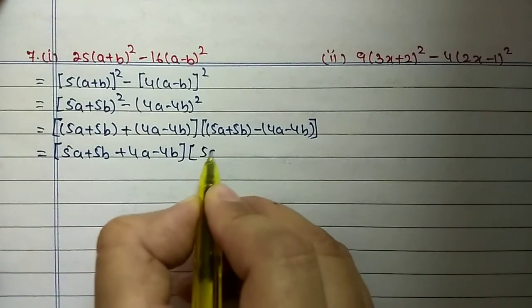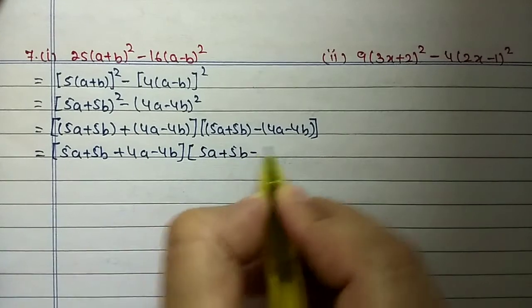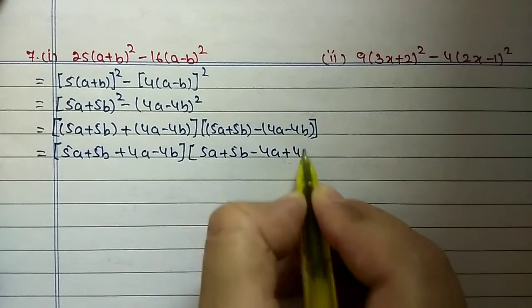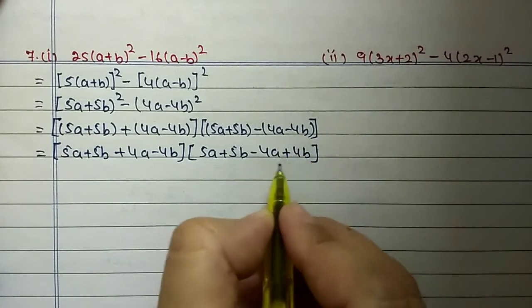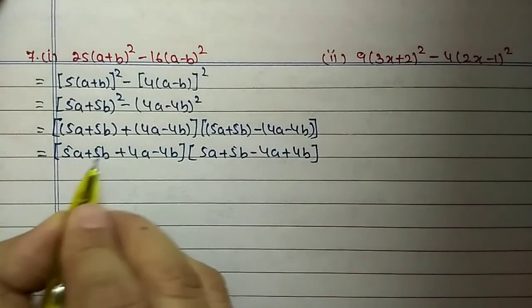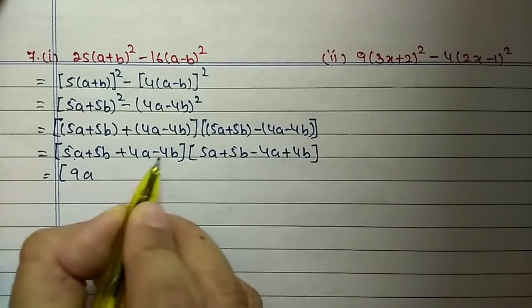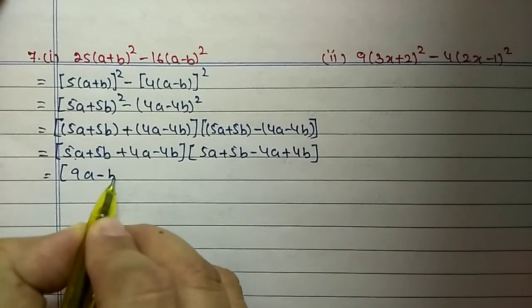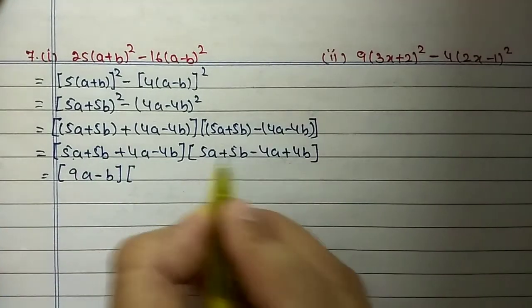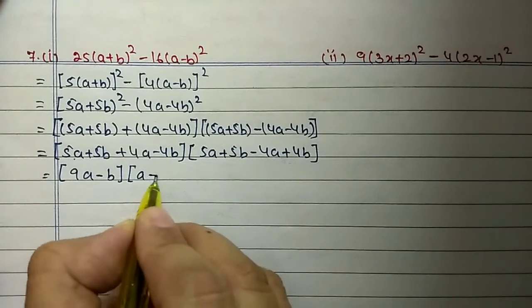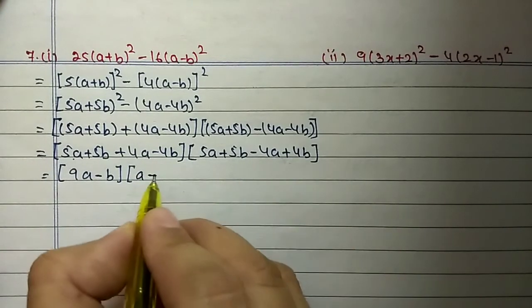Second one, 5a plus 5b minus 4a plus 4b. Here minus symbol is there, so you have to change the symbol. Now simplify. 5a plus 4a means 9a. 5b minus 4b means only b. Here 5a minus 4a, a, then 5b plus 4b, 9b.